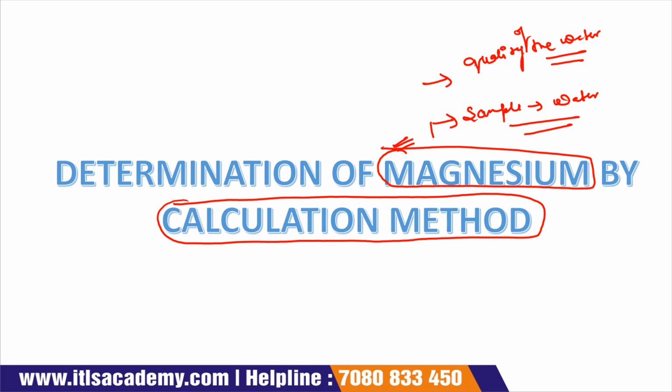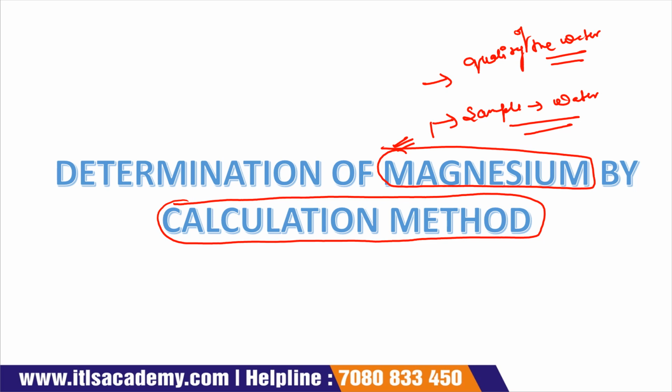Now, what is the impact of a high concentration of magnesium on a human being? Suppose we consume water in which the magnesium concentration is high. What impact occurs on our health?